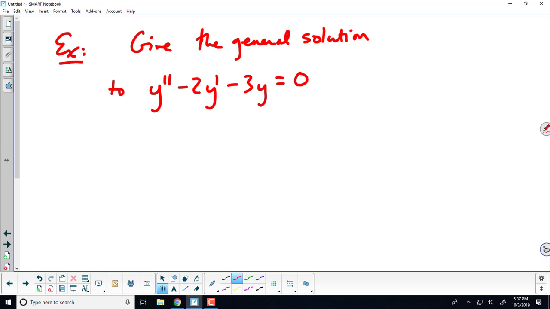If I want to give the general solution, this is a second order, so I need 2 solutions. I'm going to go ahead and give you those 2 solutions. We'll show that we've got the general solution, and then I'll show you how I found those 2 solutions.